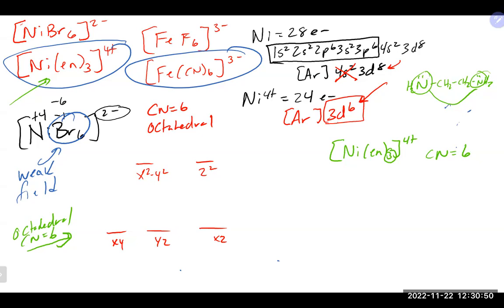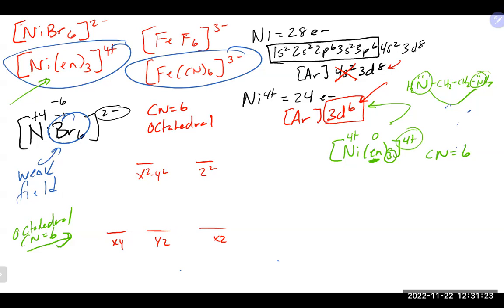Secondly, we also want to figure out the charge we've got going on the nickel. So that is a 0 for our ethylenediamine, which means our nickel here will once again have the +4 in this situation. It won't always be +4, but it happens to be. So we could also again figure out our electron configuration like we did earlier. So again, in this situation, we are going to have 6 d electrons to distribute. We then want to look at our ligand and determine is it weak field or strong field.